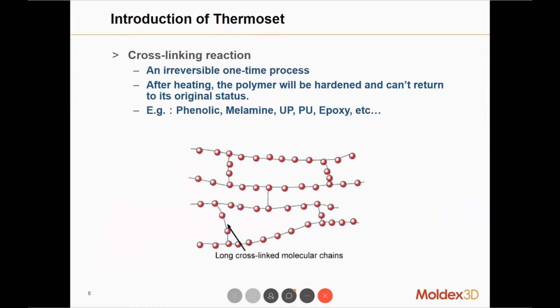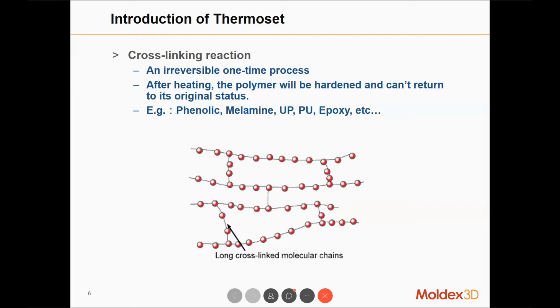is an irreversible one-time process. So originally at a lower temperature, let's say room temperature, the plastic itself, the polymer, has a lower viscosity. It's at a liquid stage. But after the material is heated up, the cross-linking, the chemical reaction will take place, and the polymer will be hardened and enter a solid stage.